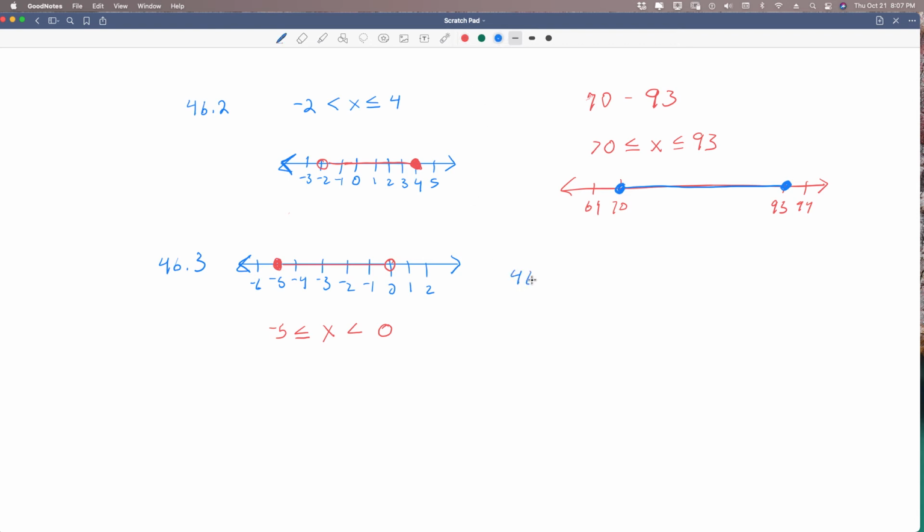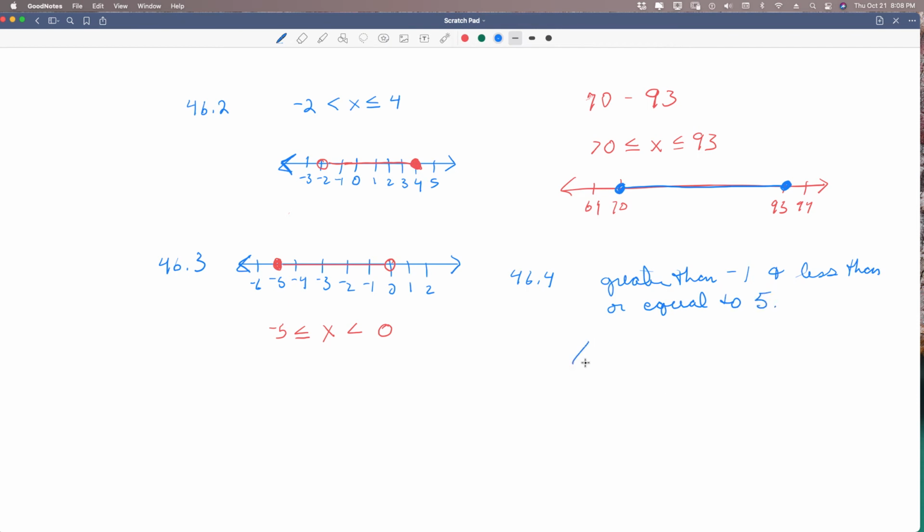Let's do 46.4. Let's see what that one says. This one says to write a conjunction that designates the numbers that are greater than -1 and less than or equal to +5.